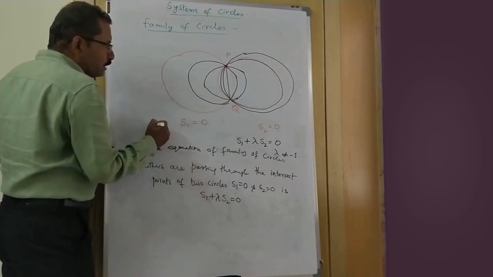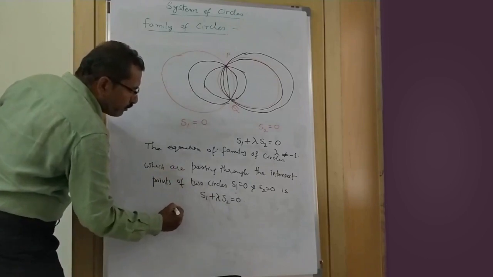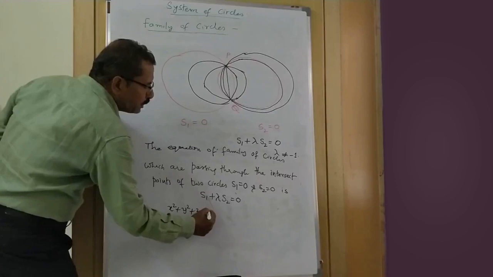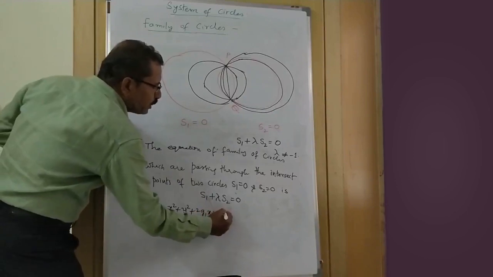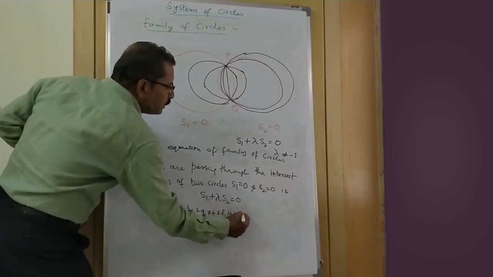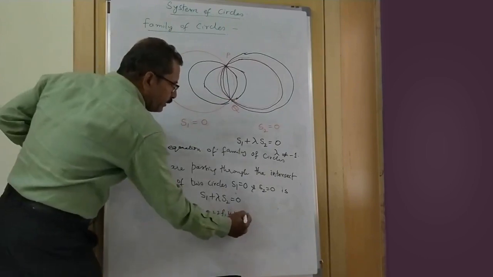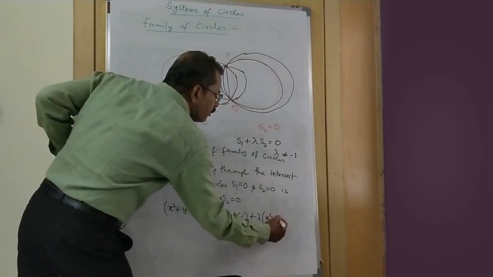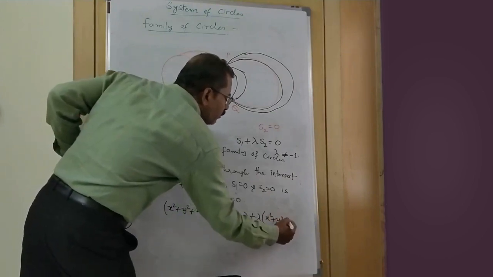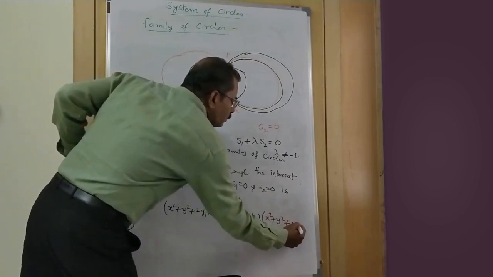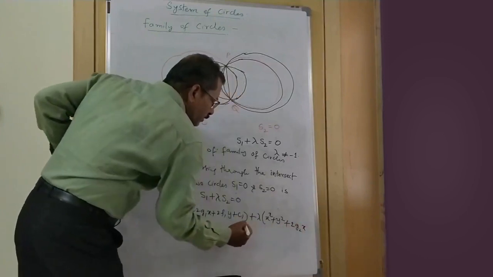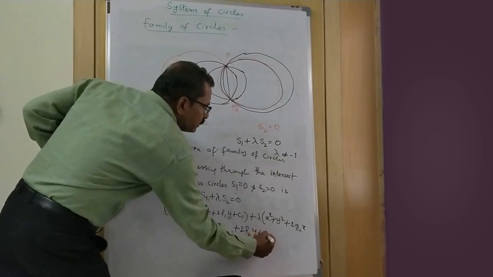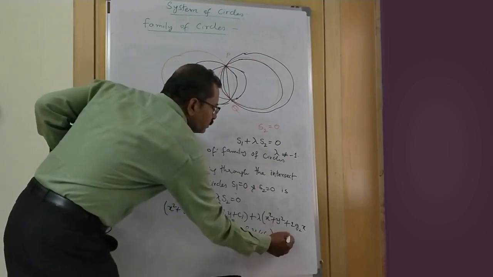You observe the equation like this. S1 = 0 is x² + y² + 2g1x + 2f1y + c1 = 0, and S2 is x² + y² + 2g2x + 2f2y + c2 = 0.